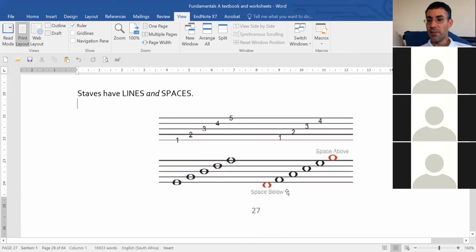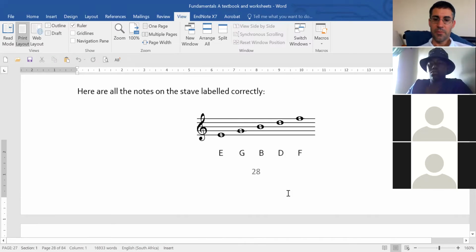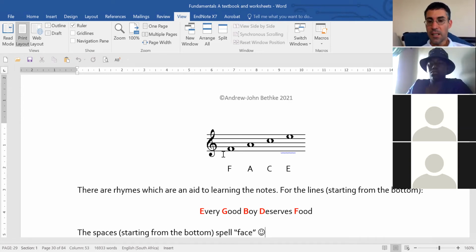So we know that the first space here, if we're in the treble clef, let's go and look at the treble clef. Okay, there's the treble clef. The first space is F, right? And the first line, what's the first line? Who can tell me in the treble clef? E. Yes.